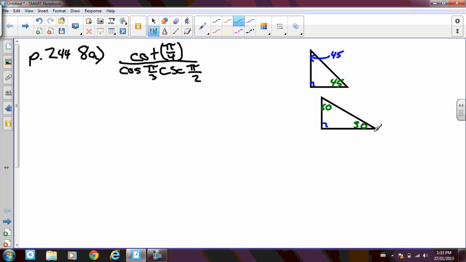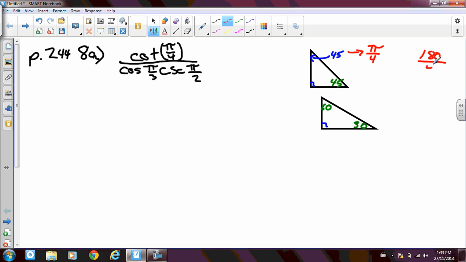This is actually half of, if we had extended this out, wow, that's poor. This would be half of an equilateral triangle. That's why we consider it special, but not particularly important to us. Knowing that, hopefully we can realize that we aren't working in degrees too often anymore. We work in radians. 45 degrees is the same as pi over 4 radians, because pi is the same as 180 in degrees.